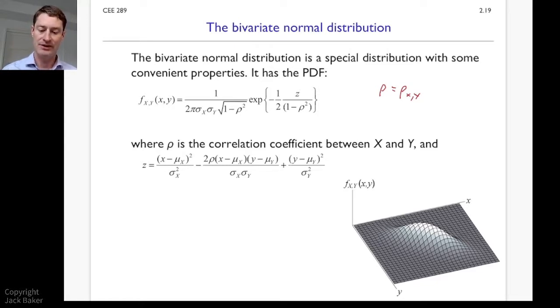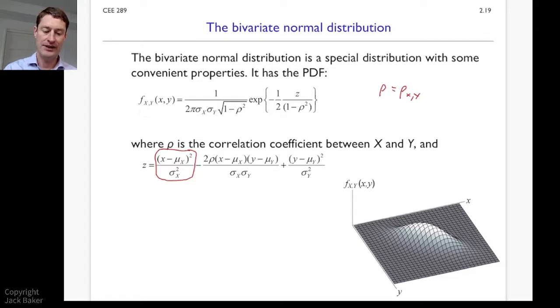And then I have this term z here, which again, I condensed down my notation to get this all into one formula. So z takes this value down here at the bottom. And the first term here looks just like the term that we had in the previous slide, the x minus the mean value of x squared divided by sigma x squared. And then I've got the minus 1/2 up above.